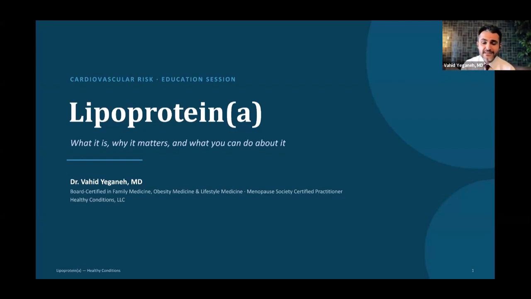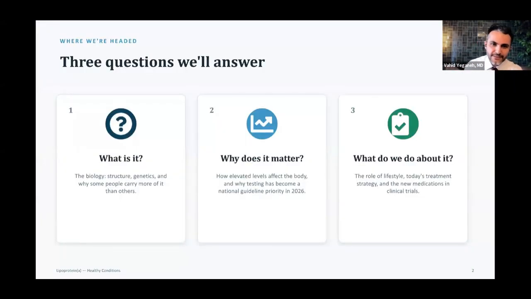It's easy to get lost in the weeds here. I will do my best to keep it light. I want to get a few key points out there. Throughout the course of this talk, I'm trying to answer three things for everybody. First and foremost, biologically, what is this lipoprotein A?